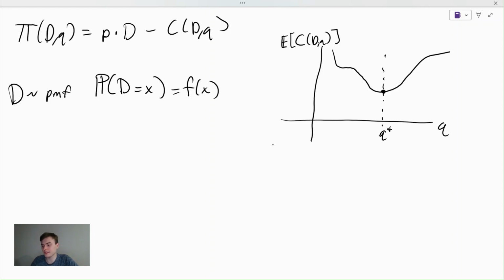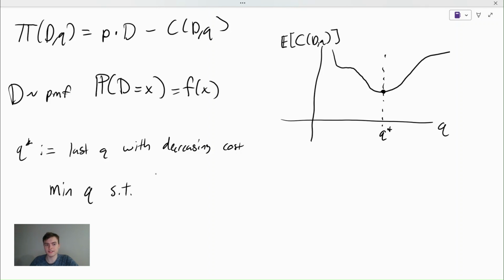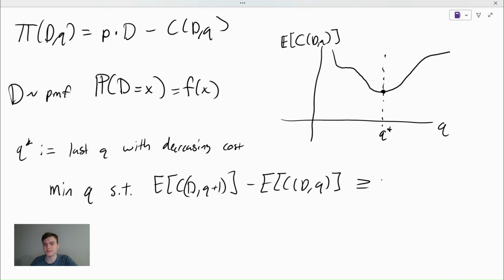So Q star is the last Q with decreasing cost, or in other words, we can say the minimum Q such that the expected value of C of d, Q plus 1 minus the expected value of C of dq is greater than 0, right?